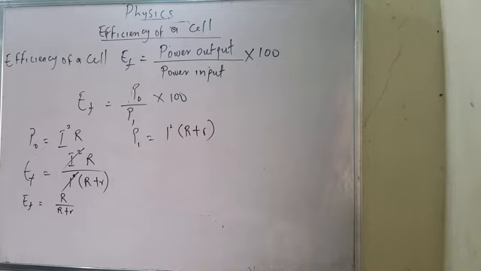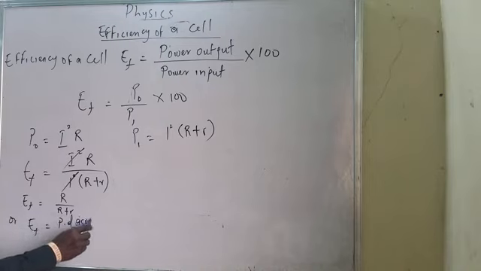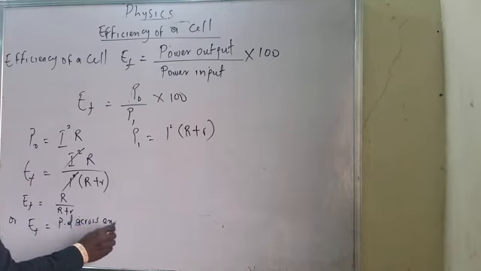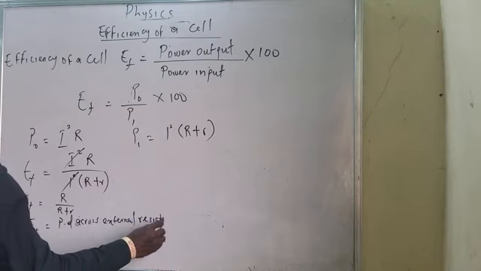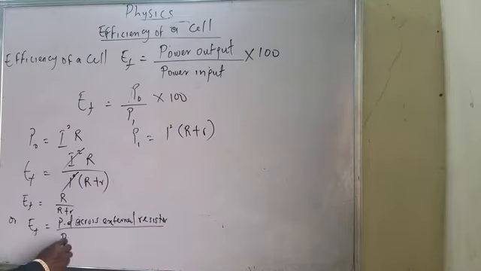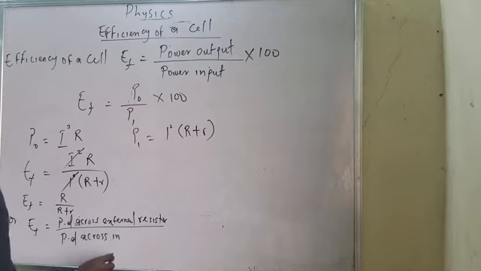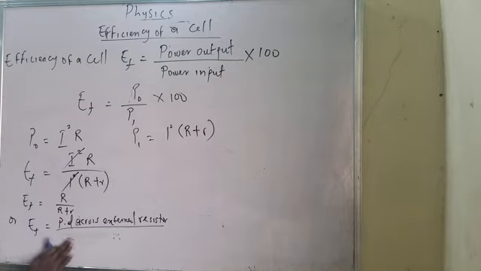Now, another way, I can say that efficiency equals the potential difference across the external resistor divided by the potential difference across... no, sorry, I've made a mistake here.